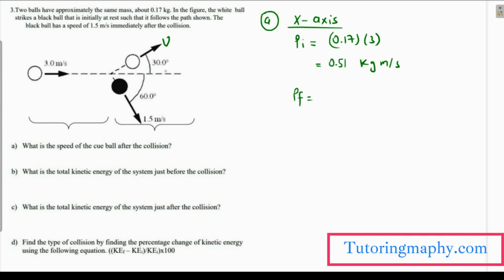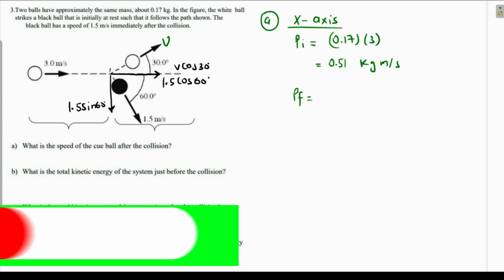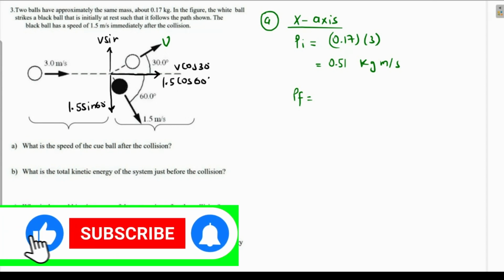For final momentum, we need to make some effort because this is not towards the x-axis. For the black one, the horizontal component of the velocity is going to be 1.5 cos 60, and the vertical velocity is going to be 1.5 sine of 60. Likewise, for this one, horizontal is going to be v cos 30, and the vertical is going to be v sine of 30 degrees.